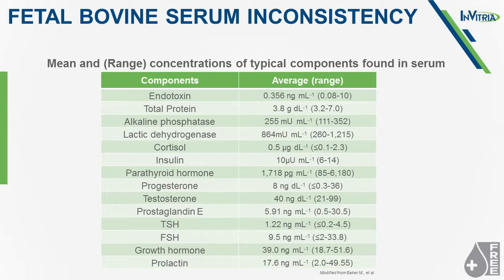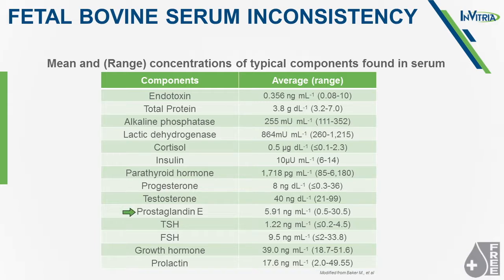The data presented here demonstrates the variable composition of different lots of FBS in terms of the average and then the range that's presented in brackets here. As you can see, there's quite a wide variation in terms of the components within serum that can be found from lot to lot. So just to give you an example, progesterone has been noted to have approximately 120-fold variation between lots of serum.